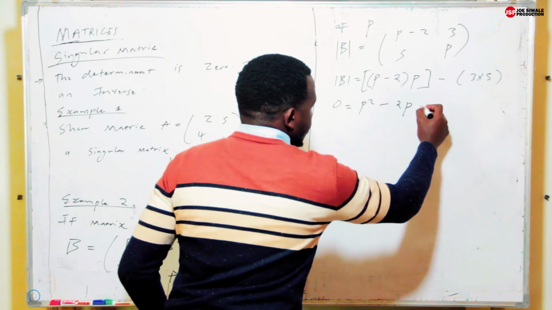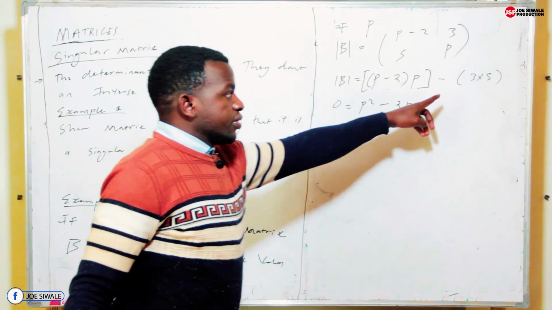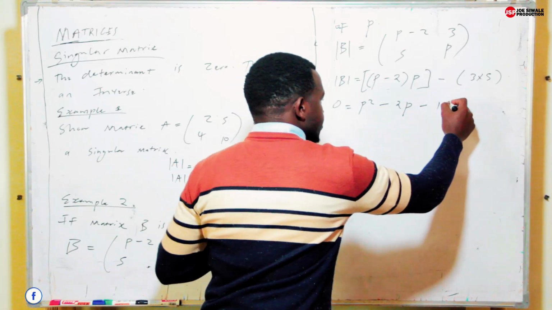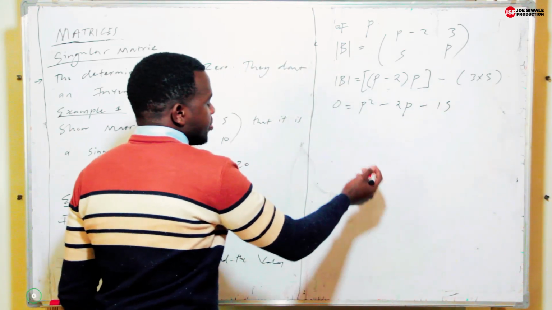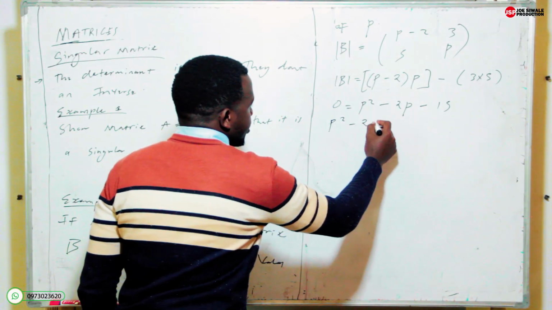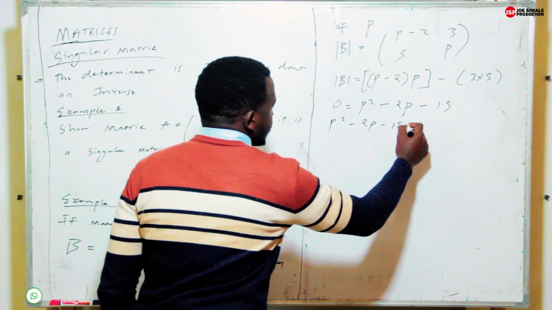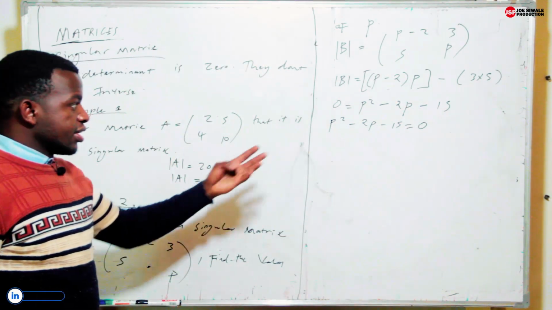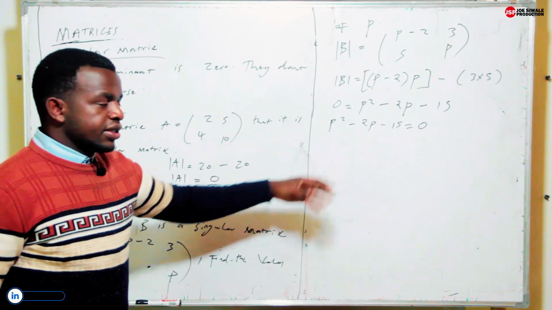Then we're going to have our minus there. Then we're going to say 3 multiplied by 5, and we're going to have 15. So this can be written in this form as P squared minus 2P minus 15 is equal to 0. So as you can see there, we have our quadratic equation.